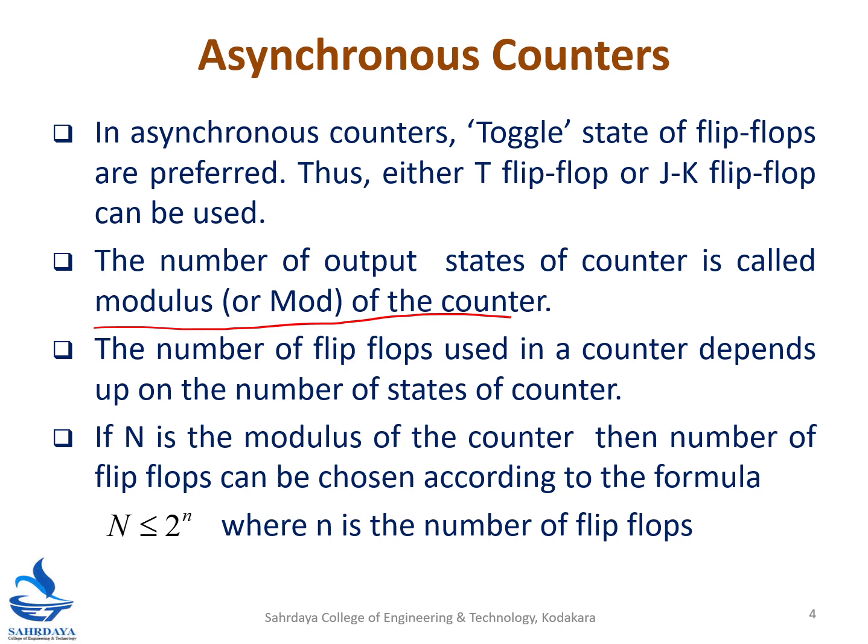Which means that there will be 2 raised to n states for any counter, where n is the number of flip-flops used or number of bits. For a 2-bit up counter, we are using 2 flip-flops and there will be 2 raised to 2 states.